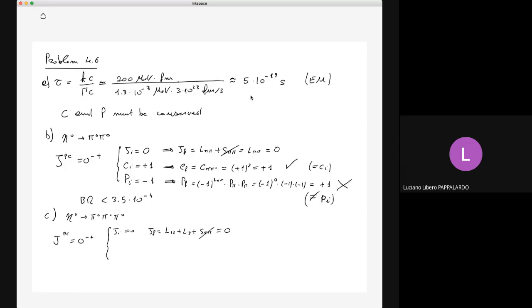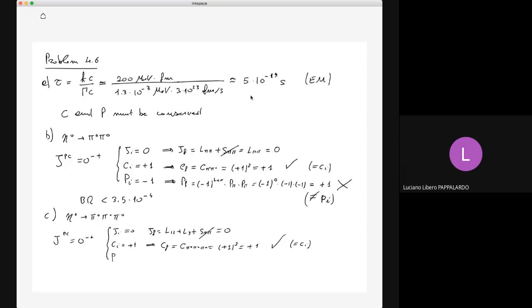Now let's check parity and charge conjugation. CI, it is +1, as we know from the text. Let's check CF. So this is the charge conjugation of the 3 neutral pions. That is +1 to the 3rd power, that is +1. So, okay, it corresponds to the initial state charge conjugation.